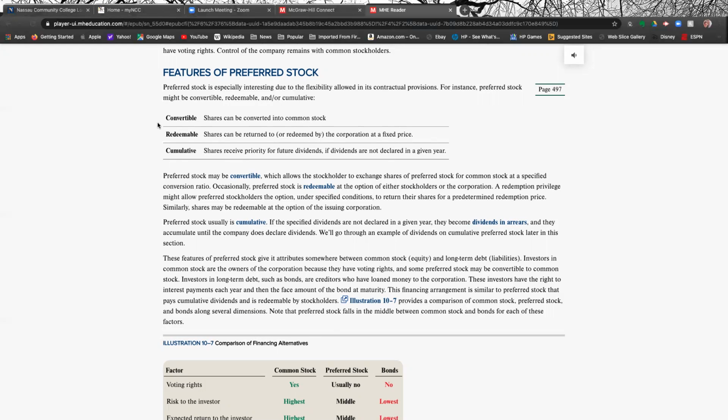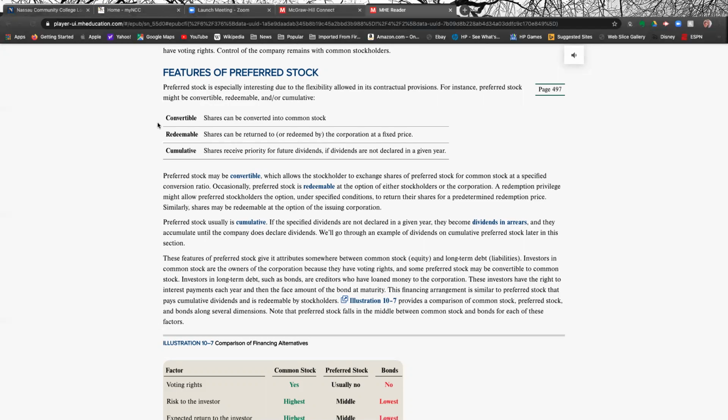Sometimes preferred stock can be redeemable. In other words, the stockholder can give it back to the company to get their money back. Now, what's the difference between redeemable and callable? See, in the chapter with bonds, we had that call feature in a bond, that the company has the right to buy the bond back from you before maturity, right?